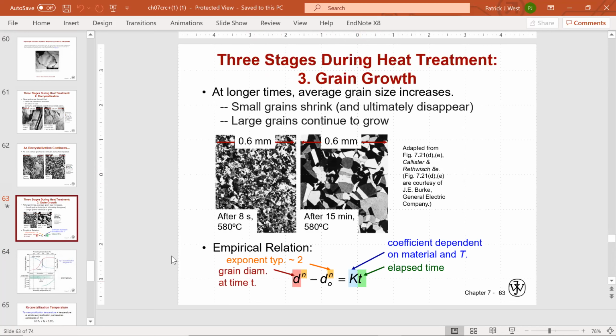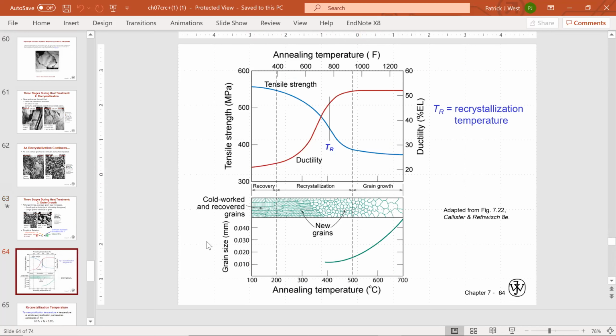Yes, these images I think are very neat. And then here we have just this graph that I drew, but in a more elegant configuration. So this is recovery, recrystallization, and growth.